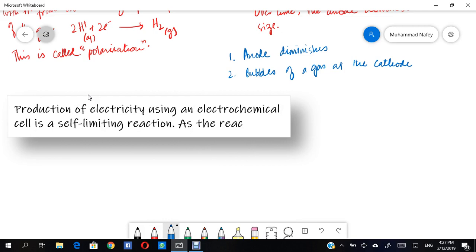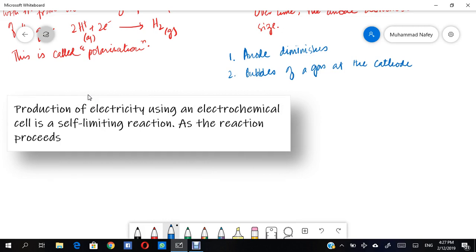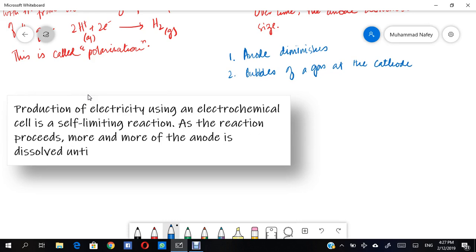As the reaction proceeds, more and more of the anode is dissolved until it can no longer act as a source of electrons.